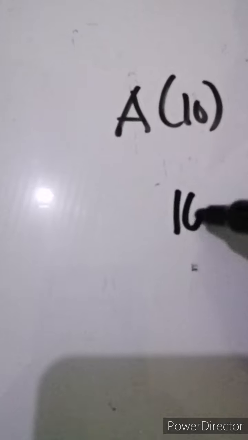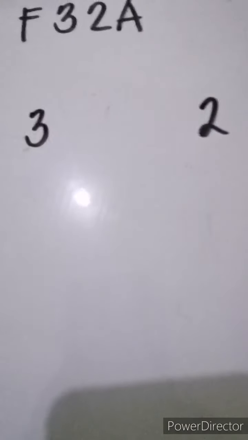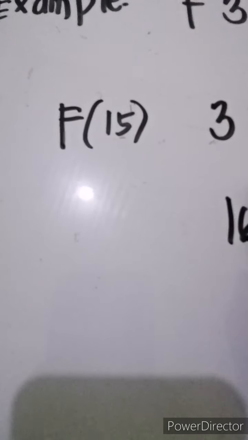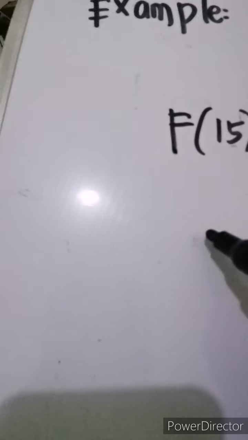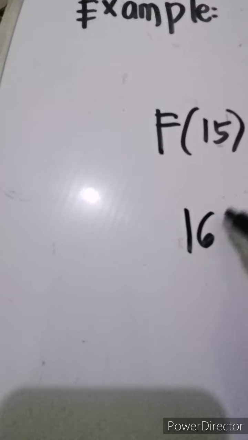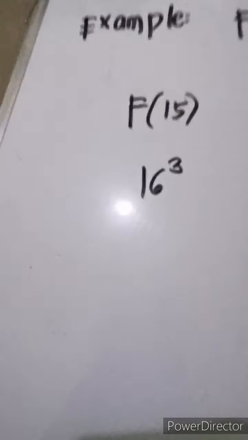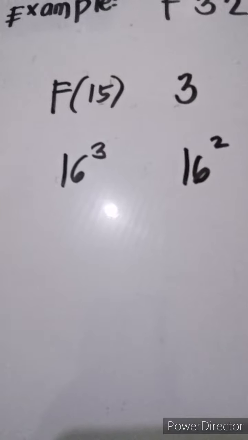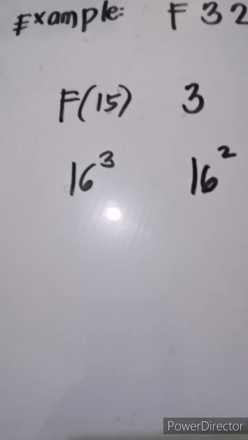Okay, so dahil base 16 ang pinag-uusapan natin, we will start here 16 raised to 0, 16 raised to 1, 16 raised to 2 or 16 squared, and for this is 16 cubed. So, medyo malaki na ito, kaya kailangan nyo, kung hindi nyo kaya ng mano-mano, you can use again the calculator.